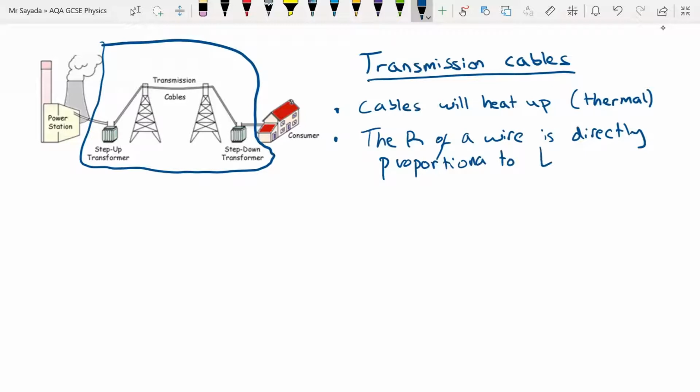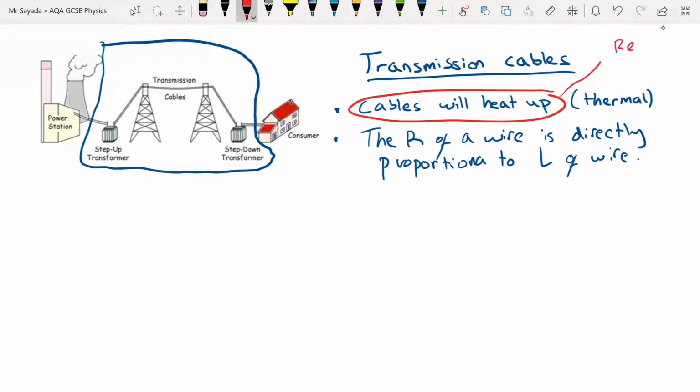I'm going to use the letter L. What that means is if you've got a really, really long wire, it's going to have a really high resistance. And it's the resistance of the wires that causes the cables to heat up. We call this resistive heating, because the wires are heating up because of the resistance.